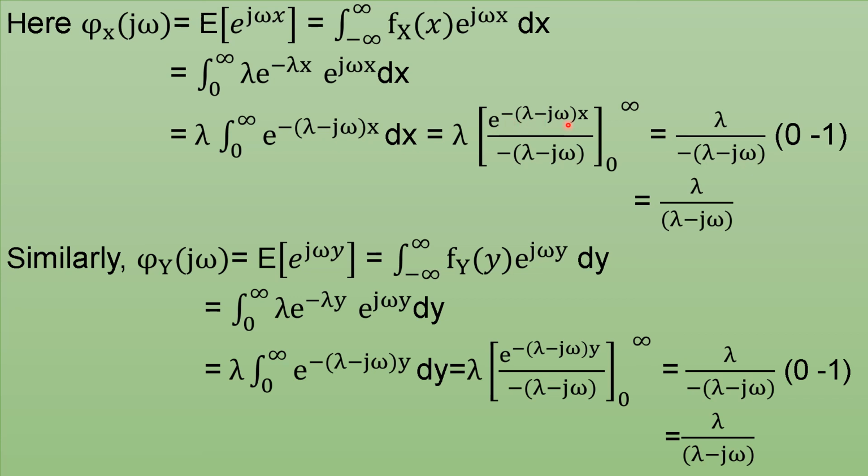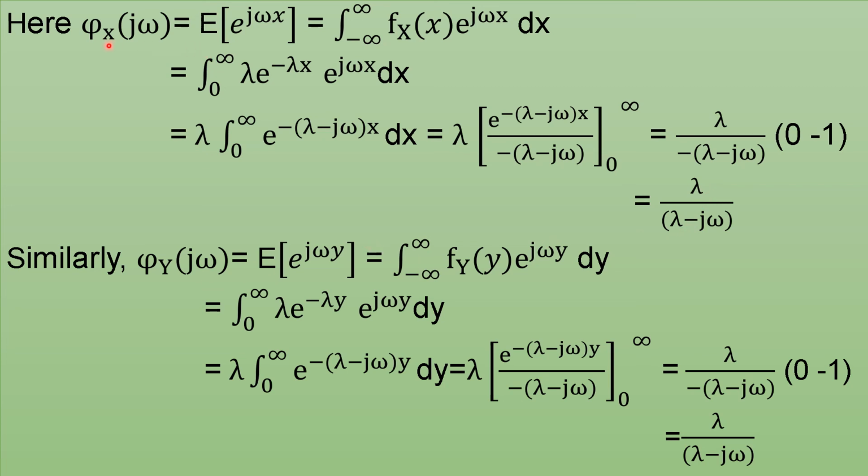Inside the bracket we'll take the difference of this numerator part, e power minus lambda minus j omega x at the upper and lower limit. Putting x as infinity, e power minus infinity is 0, minus putting x as 0, e power 0 is 1. 0 minus 1 is minus 1, so there will be two negative signs, which becomes positive: lambda divided by lambda minus j omega.